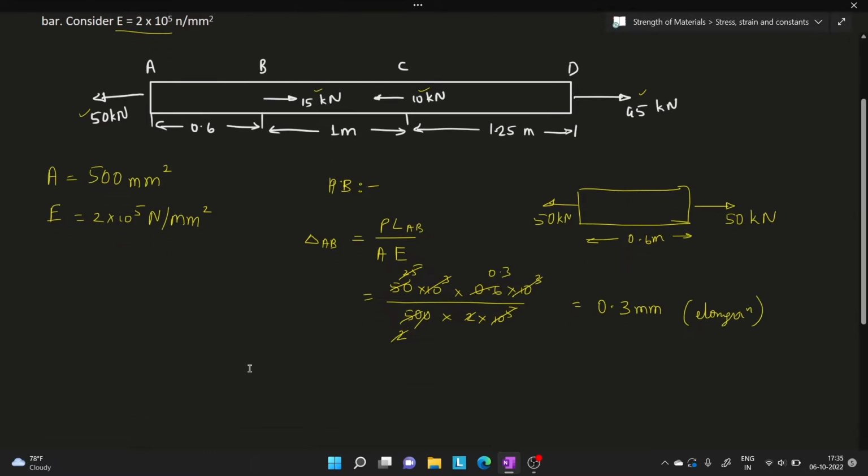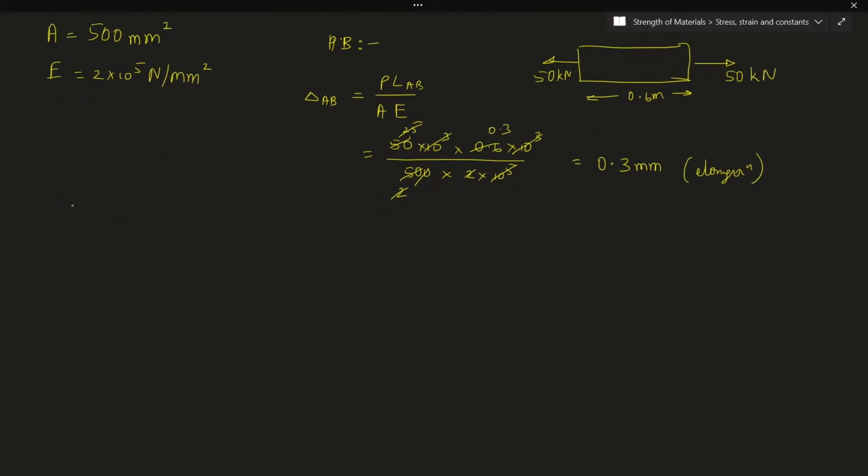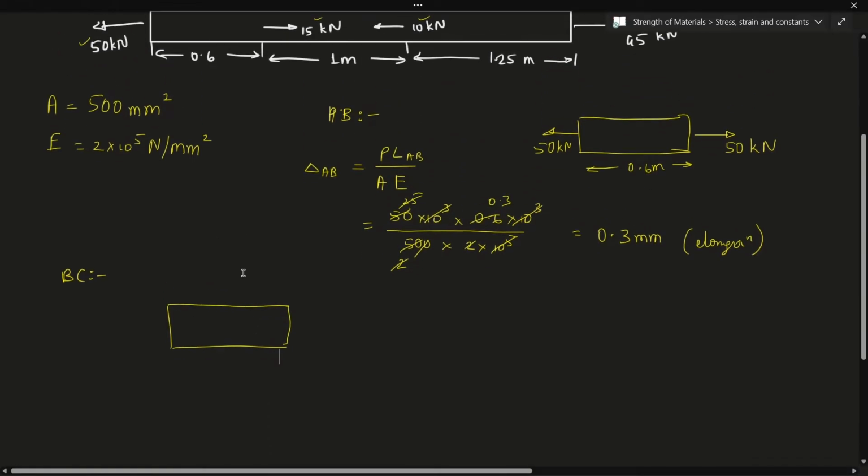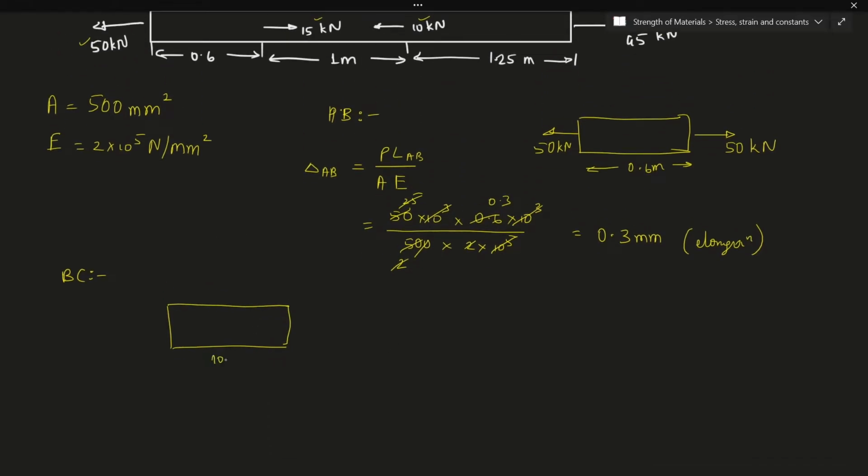Similarly, I'll write the free body diagram for BC now. The length of BC is 1 meter, that is 1000 mm.